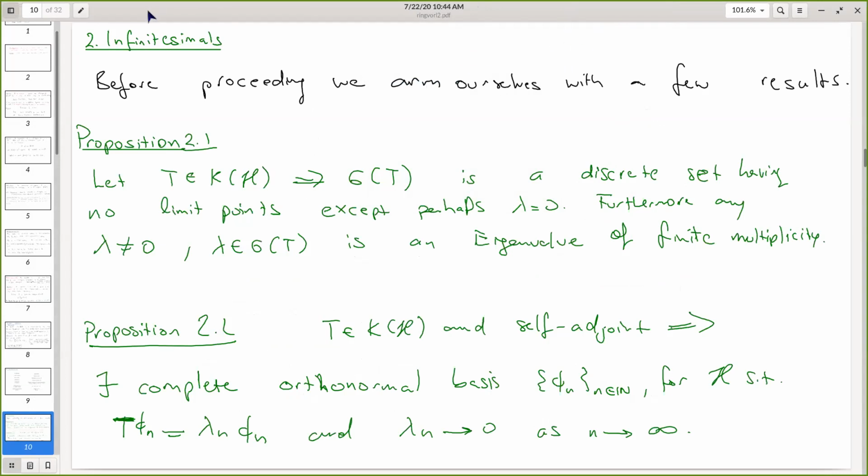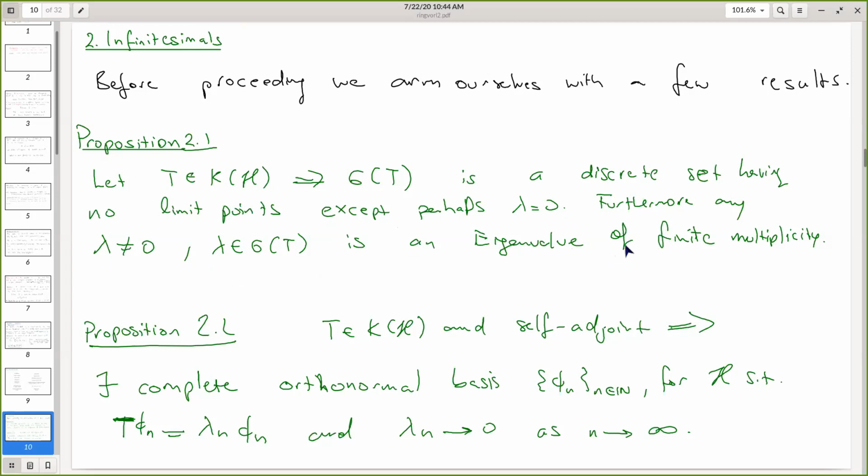Good. Now infinitesimals. Before proceeding, we arm ourselves with a few results. One proposition: let us have a compact operator, then its spectrum is a discrete set having no limit points except perhaps lambda equal to 0. Furthermore, any lambda unequal to 0 is an eigenvalue of finite multiplicity. That is maybe not important.